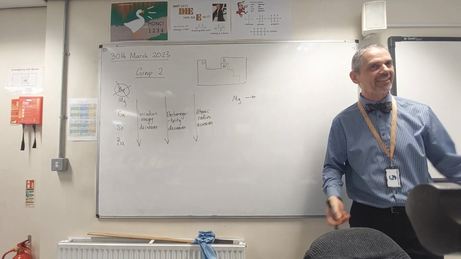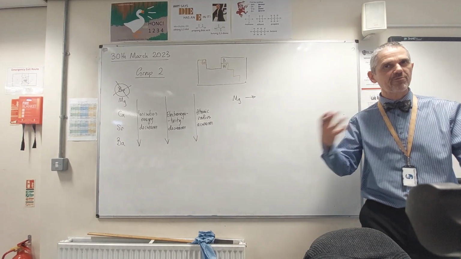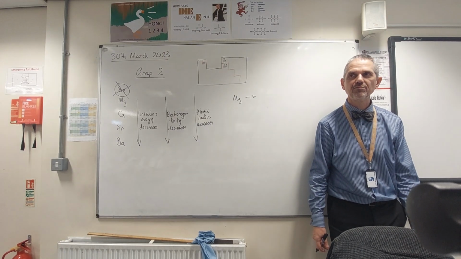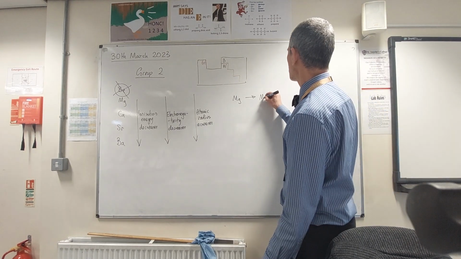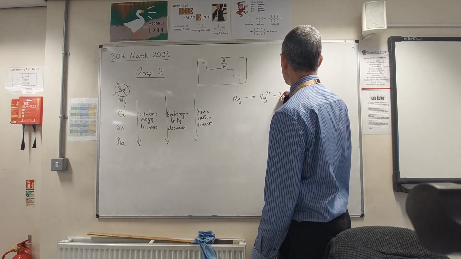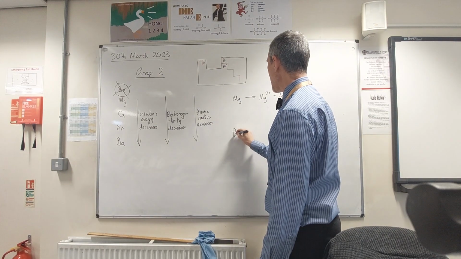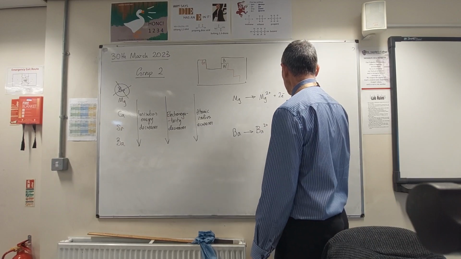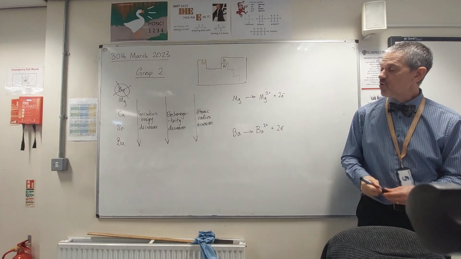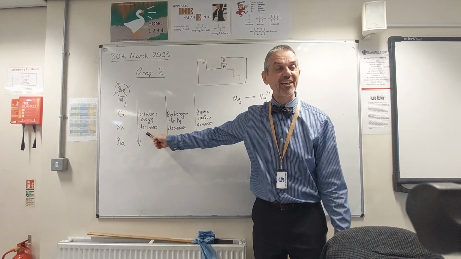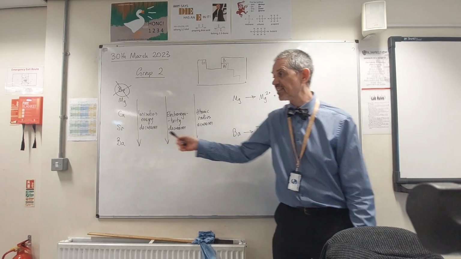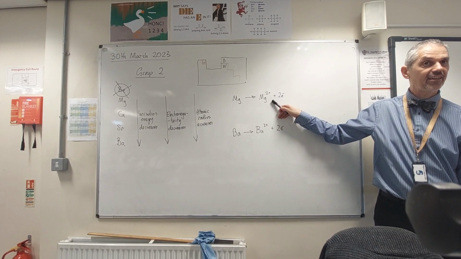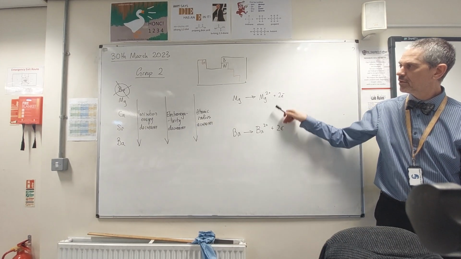If I drop magnesium into acid and it reacts, what's happening to magnesium in terms of electrons? It loses 2. If I compared that with barium, we already know the ionization energy decreases as we go down. It's much easier to take electrons off barium than off magnesium.